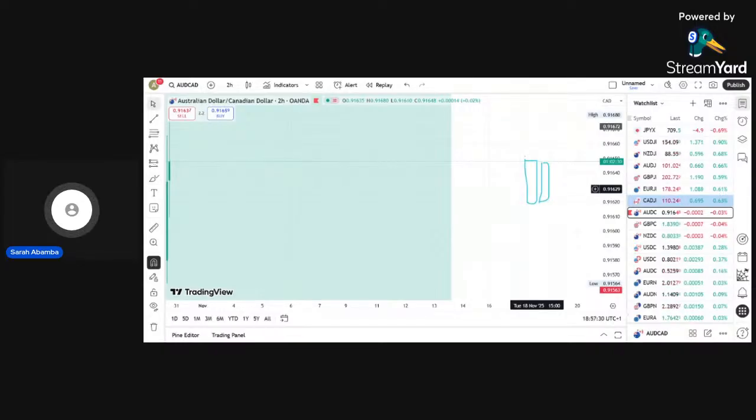It is a bullish tweezers when the first candlestick is a bearish candle and the second candlestick is a bullish candle. It is bullish when the first is bearish, the second is bullish. It is bearish when the first is bullish, the second is bearish. Hope you get it. So when it is a bullish tweezers, it is going to buy. Market is buying. When it's a bearish tweezers, it's going to sell. Market is selling.